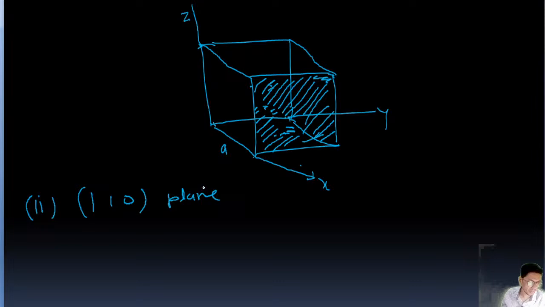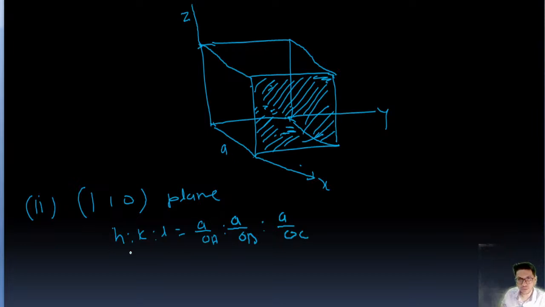If it's a 1 1 0 plane, then again we'll use the formula: HKL equal to A upon OA ratio, for a cubical structure, A upon OB and A upon OC.